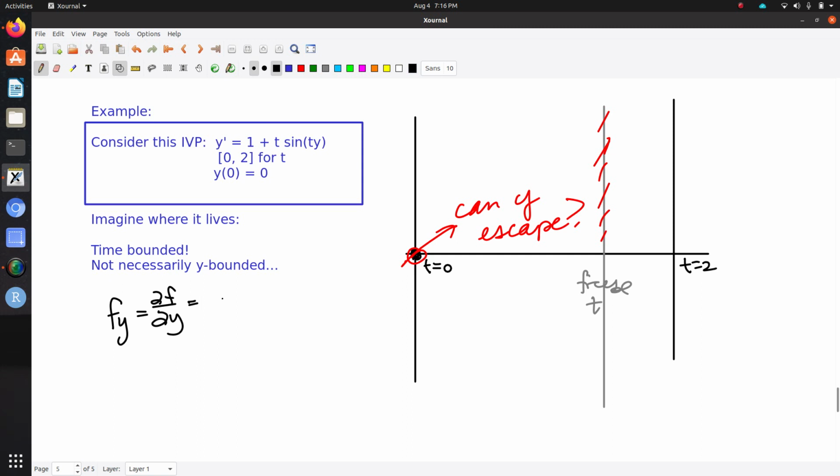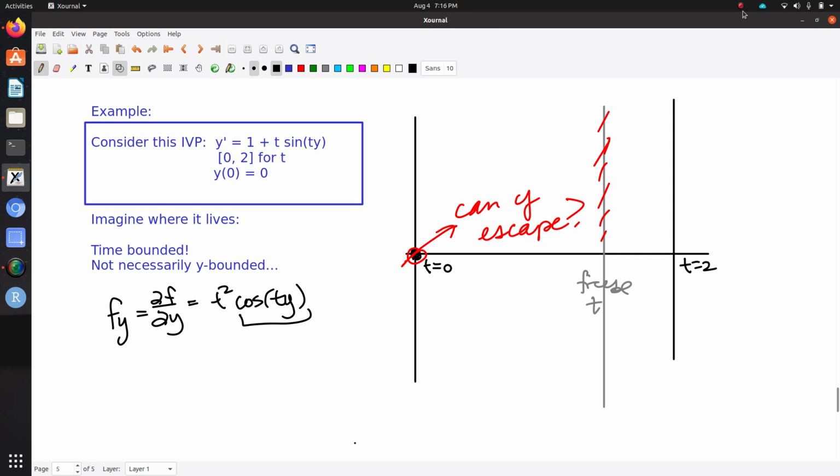We get t squared cosine of ty. How do we get that? Well, t just looks like a frozen constant now. And the derivative of sine is cosine times the derivative of what's inside. The derivative of ty, when y is the variable, is just t. So that's why that pops back out again. Okay? So cosine can never go over 1.